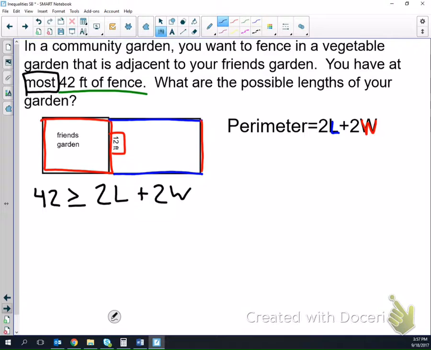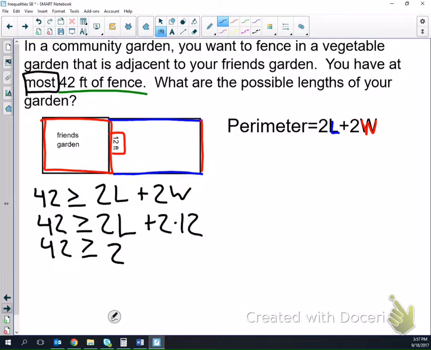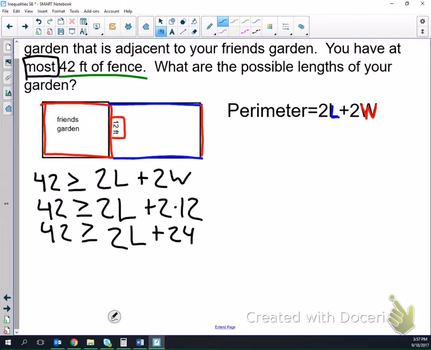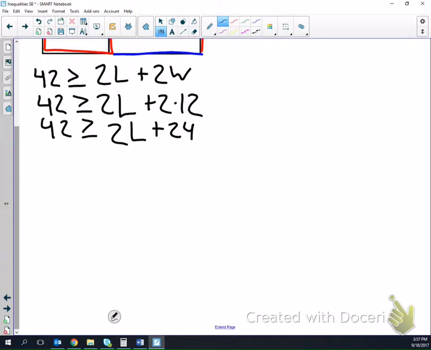All right, next I'm going to substitute in some of the values I know. I already know that the width is going to be a 12. So we have 2 times 12. So this 42 is greater than or equal to 2 times the length plus a 24. All right, and now I just need to continue solving for that L. I'm going to draw my line straight down so I can start doing things on both sides.